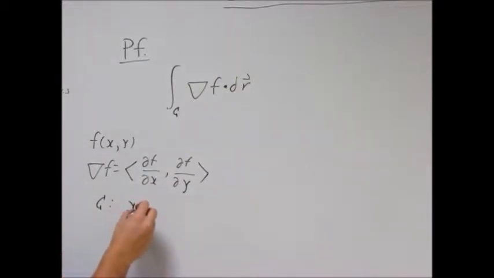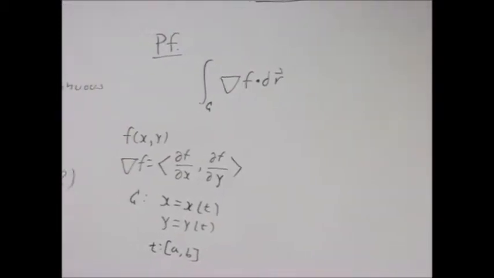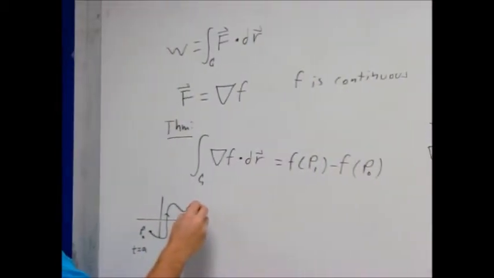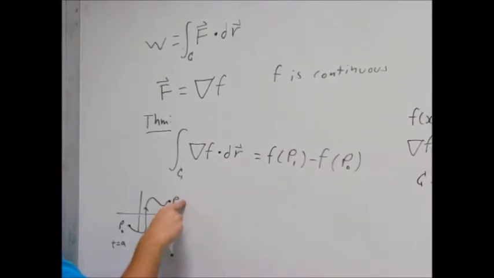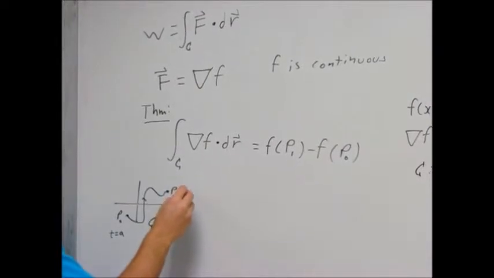For C, we're going to have x be a function of t, and y also be a function of t. I don't know what C is, and I've claimed that any arbitrary C will give you the same results as long as t goes from, let's say, a to b, where when t equals a, you're going to have P naught, your initial point, and P1 is going to correspond to when t equals b.